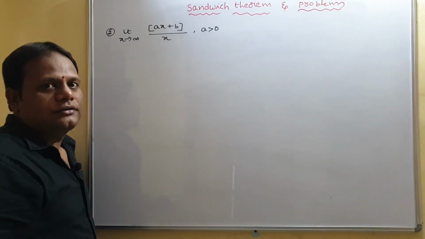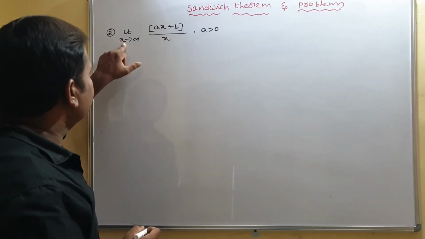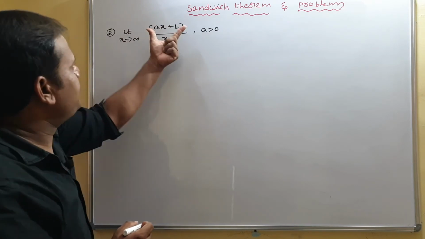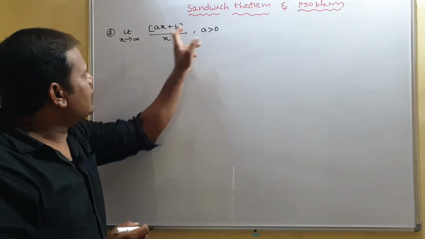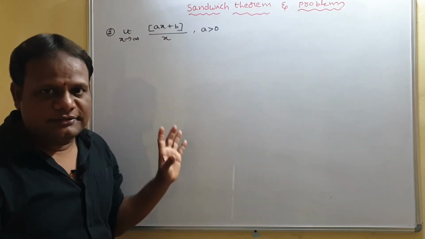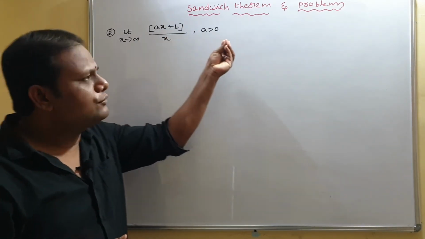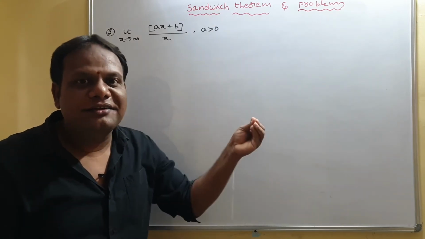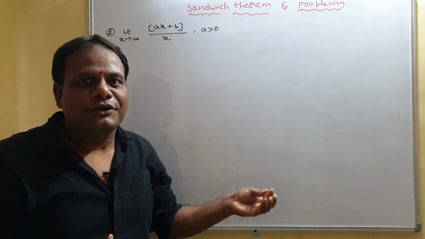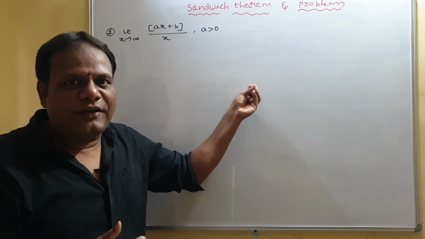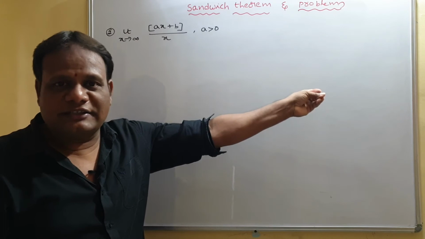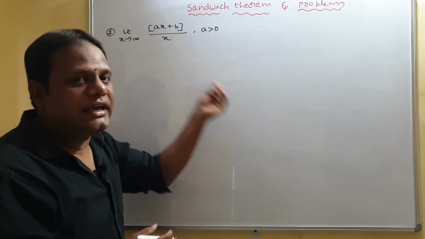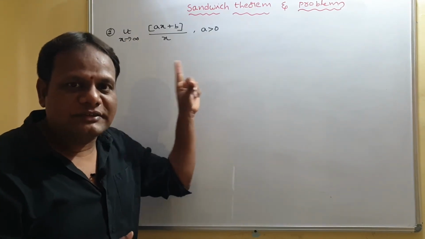Coming to the second one, we have to find limit x tends to infinity of step ax plus b by x. So we are unable to evaluate it directly. Again, I am going to use the sandwich theorem. But to use the sandwich theorem, we have to take f of x less than or equal to g of x less than or equal to h of x form. So we have one inequation with the step function.